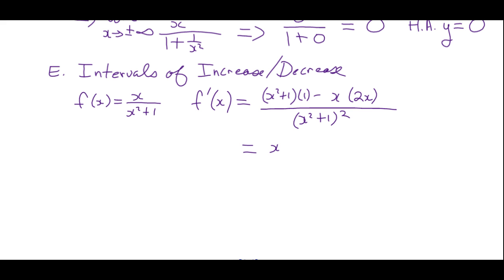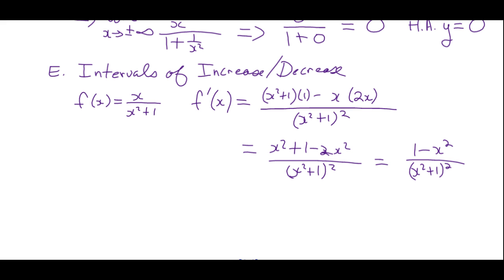So what do we got? x squared plus 1 minus 2x squared. So what's that? 1 minus x squared? All right. So we're partway there. We've got the first little bit, which is just getting the derivative.